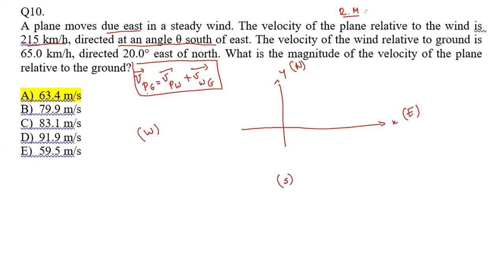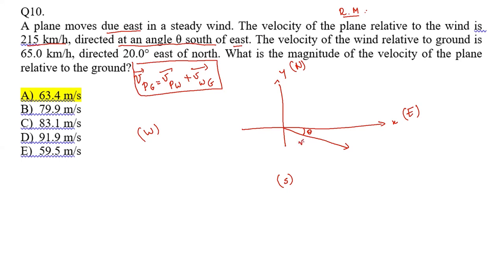Now, what is the velocity of the plane relative to the wind? This is the second sentence here. The velocity of the plane relative to the wind has a magnitude of 215 kilometers per hour directed at an angle theta south of east. So east is here, south of east by theta, this is it. So this is theta, south of east, okay?